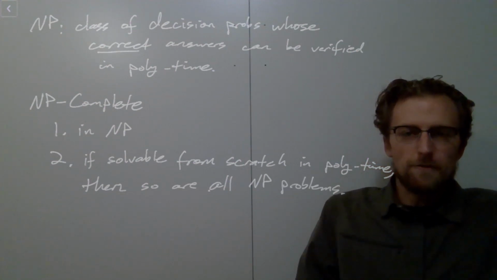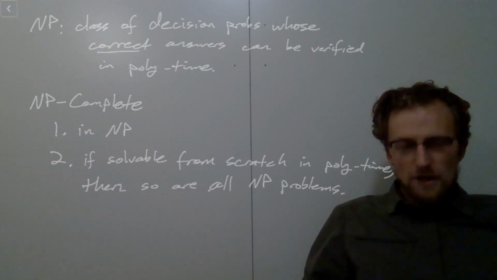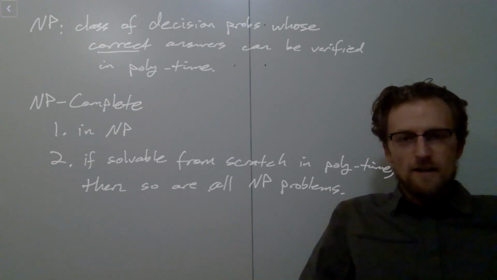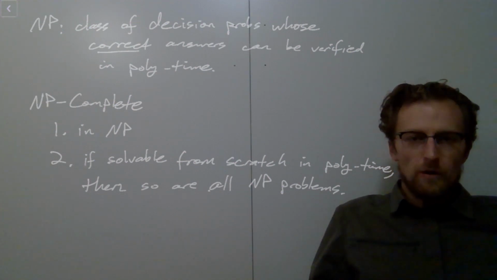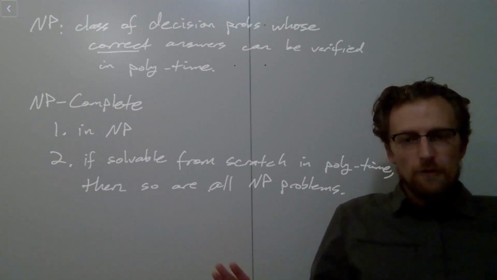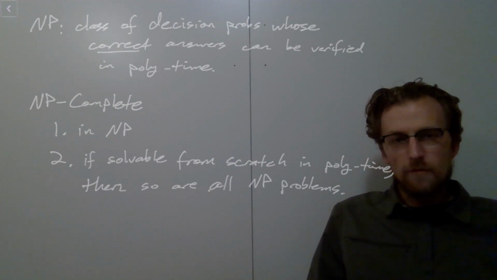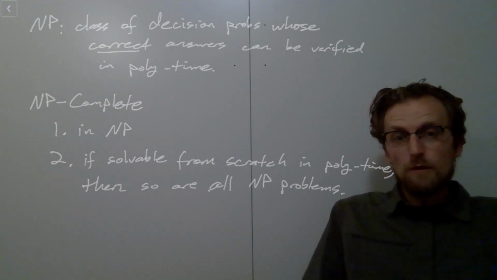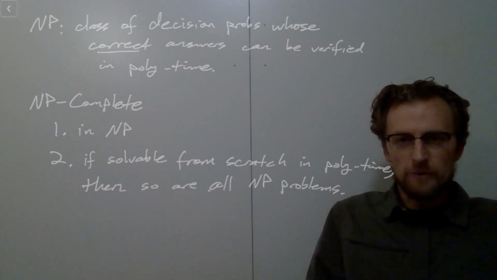If this definition looks different from the one I gave in class, that's because it is. But this is really the guts of the definition of NP complete. This is the notion by which we say these are the hardest problems in NP. Something about them means that if I can get an algorithm that solves this problem from scratch in polynomial time, then somehow that gives me for free an algorithm that solves all problems in NP in polynomial time.